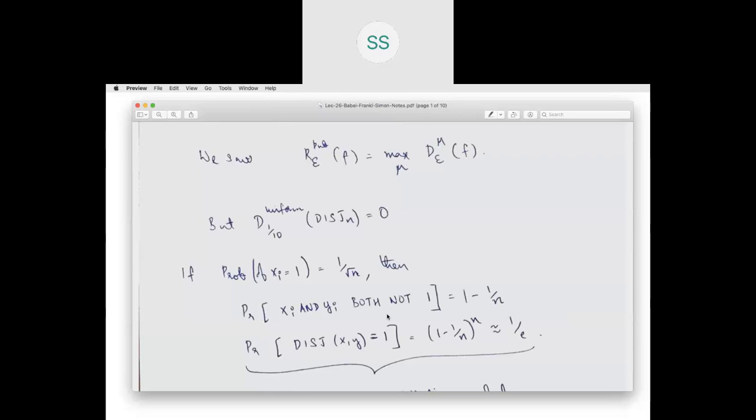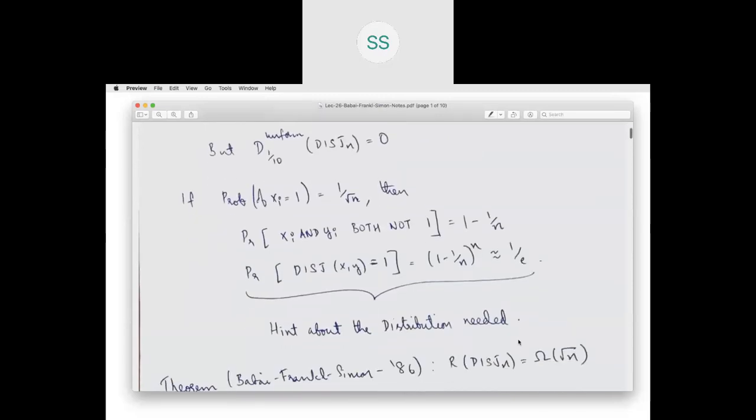We saw during one of the physical meetings that if each bit in x and y is 1 with probability 1 by square root n, then the probability that both xi and yi are 1 at an index i is 1 by n. The probability that they are not both 1 is 1 minus 1 by n. The probability that x and y are disjoint is the probability that at each index xi and yi are not both 1, so it is (1 minus 1 by n) to the power n, which is roughly 1 by e.